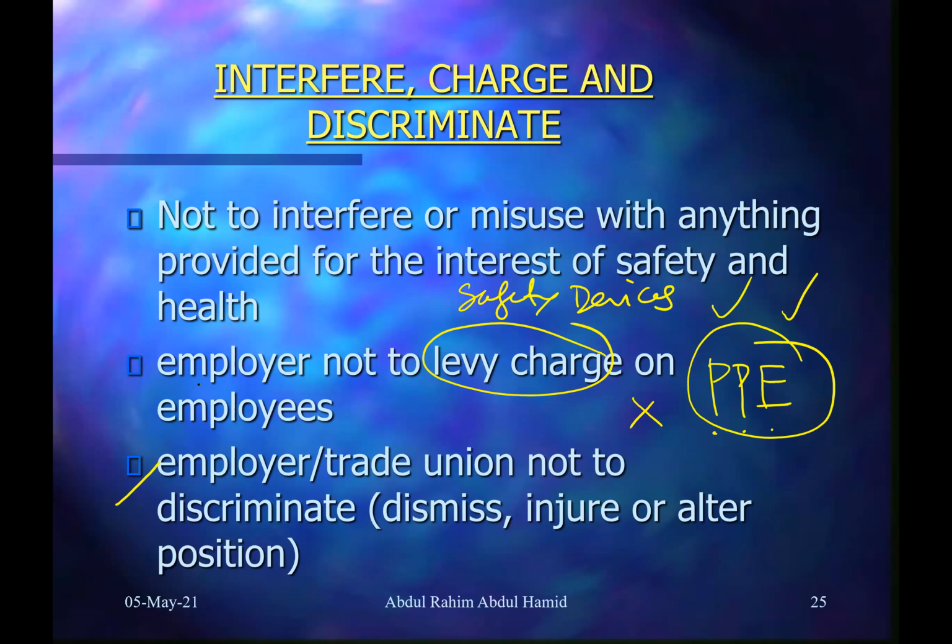Then later on, as an employer, you try to figure out who reported to the authority. Maybe you get information, oh, these workers reported to the authority, and then you try to penalize the workers by firing them, or demoting them, or putting them in cold storage in order to put some kind of psychological pressure on the workers.